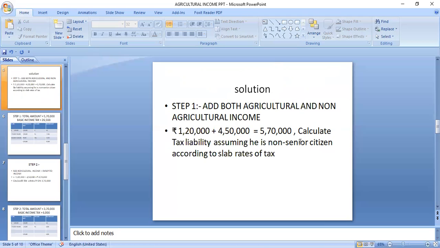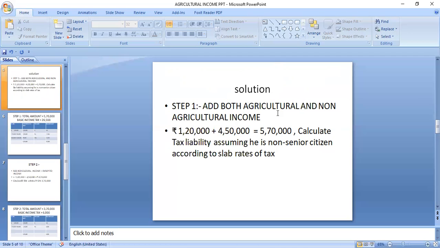We are assuming a non-senior citizen, according to slab rates of tax. You remember the slab rate of tax for a normal citizen: 0 to 2.5 lakhs, nil tax; 2.5 to 5, 5% tax rate; 5 to 10, 20% tax rate; more than 10, 30% tax rate. Use the slab rates to calculate basic income tax on this amount, 5,70,000.